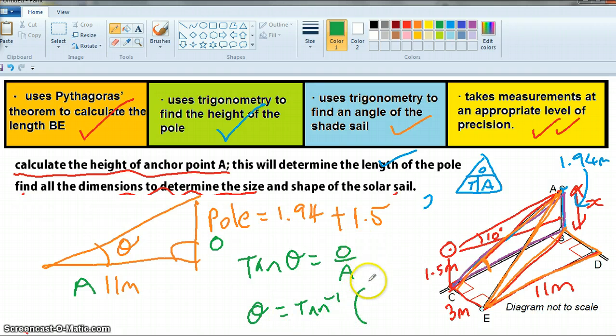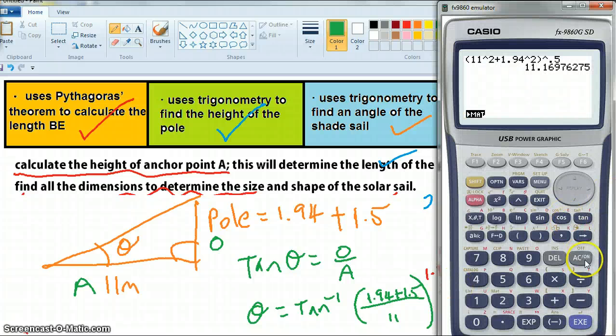tan, opposite with our 1.94 plus 1.5 over 11. So let's go here and clear and go inverse tan, shift tan, bracket, I'm going to double bracket 1.94 plus 1.5, close the bracket, divide by 11 and close the bracket, and I get 17.4.